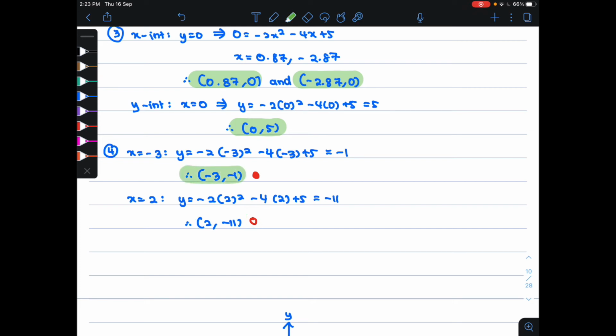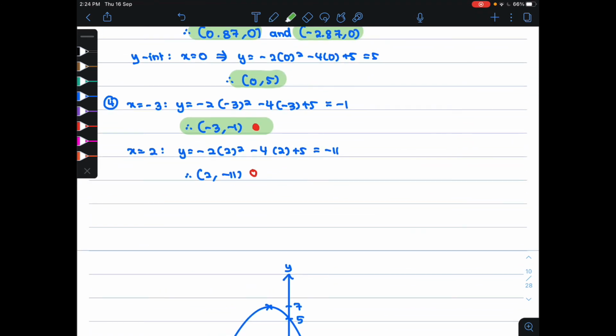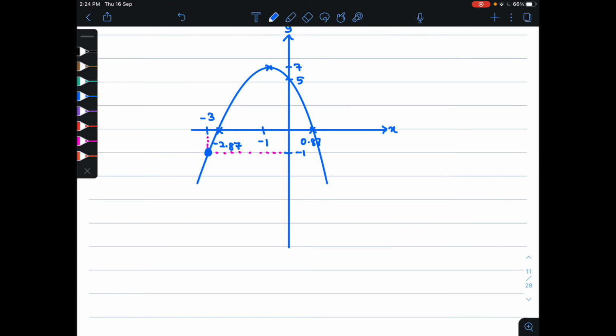So, let's plot -3, -1 first. So, this is -3. And we use a dense circle here. The y coordinate is -1. Next, we plot the coordinate of 2, -11 using an empty circle. Say that 2 is here.